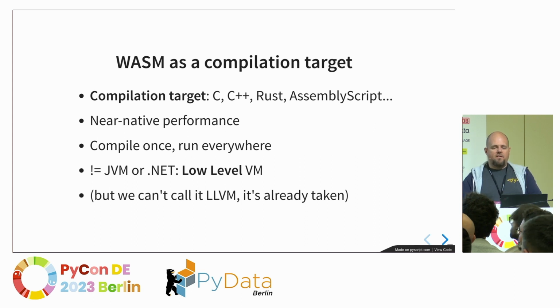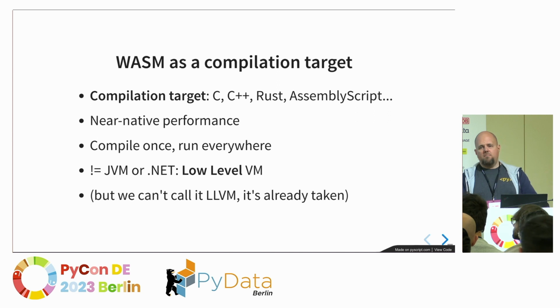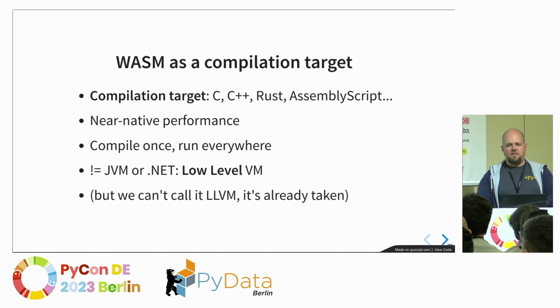It's designed to be fast: it's slightly higher level than, for example, x86 or ARM, but low level enough that the WebAssembly runtime, which can be, for example, a JIT compiler, can generate machine code which is almost as fast as native code. So this is also important, because you can get near native performance. And again, since it's ubiquitous, it's compile once, run everywhere.